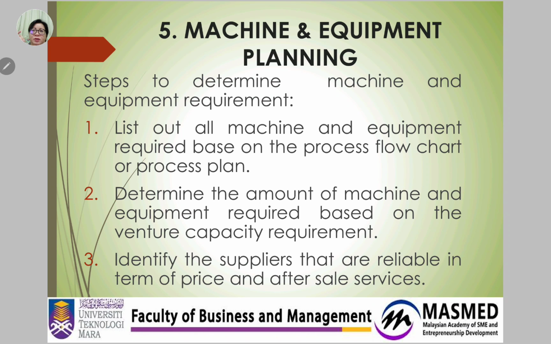You may also need baking tools, but those are not machines. Machines would be the heavy duty ones, like what I mentioned earlier, the mixer, the oven, and so on. List them down. Same steps: list them down, determine how many machines are needed, and identify who the suppliers are. You can put a remark at the end.